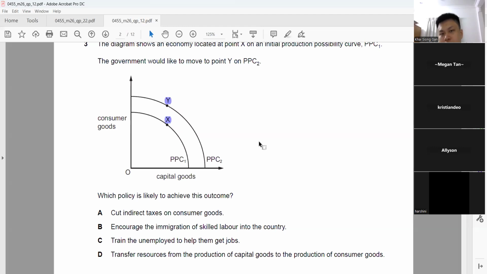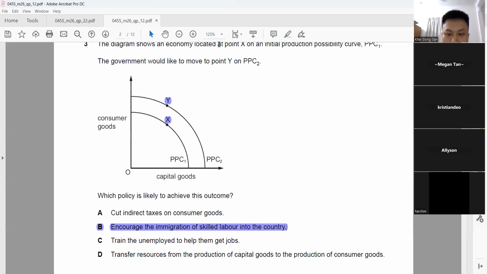You can see there's an outward shift of the PPC curve from X to Y. So there's economic growth taking place, an increase in the productive capacity of the economy. B: encourage the immigration of skilled labor into the country. Therefore, this will result in the shift of the PPC curve outwards. Now you are able to produce more of both items actually. So you have to choose B because it can result in the shift of the graph.